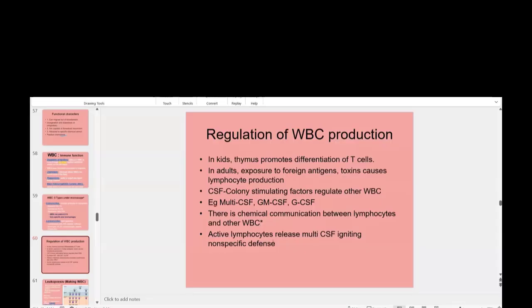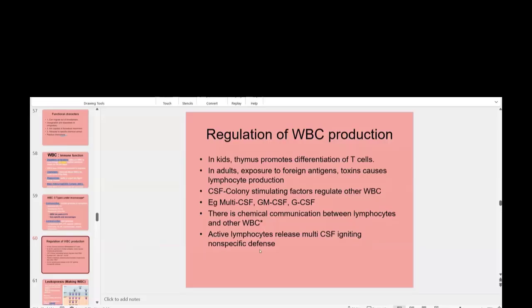So active lymphocytes release multi-CSF, igniting non-specific defense. Just like the other WBC call lymphocytes for help, in the same way lymphocytes also release this multi-CSF, and it triggers non-specific defense. What do you mean by non-specific defense?